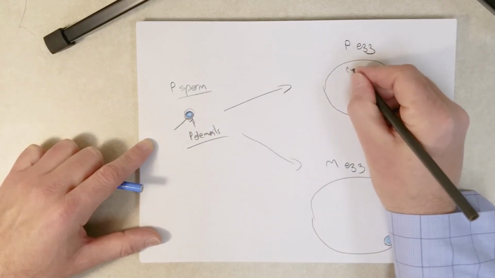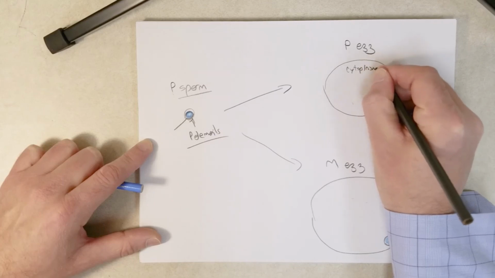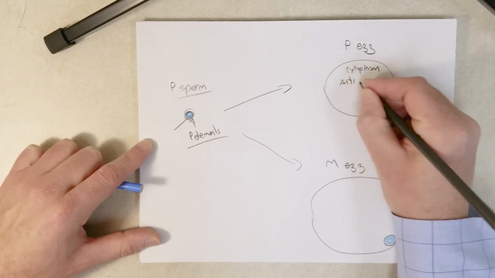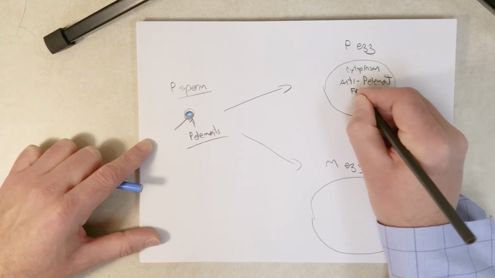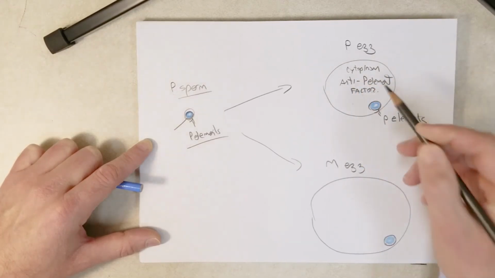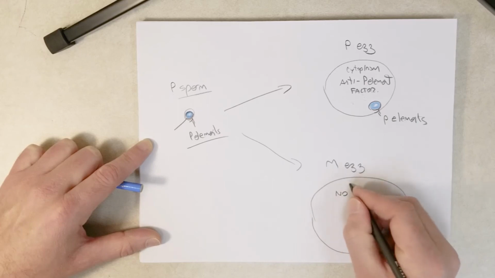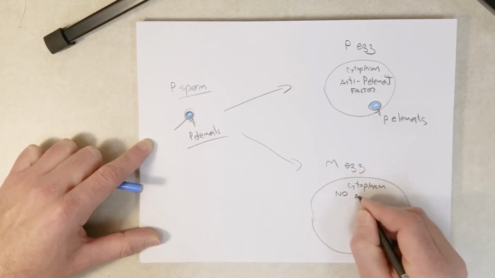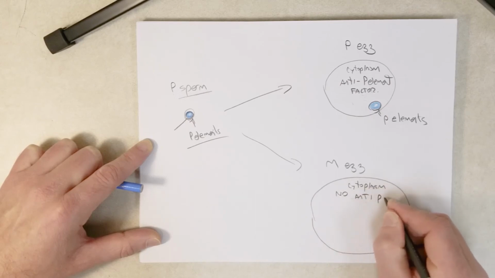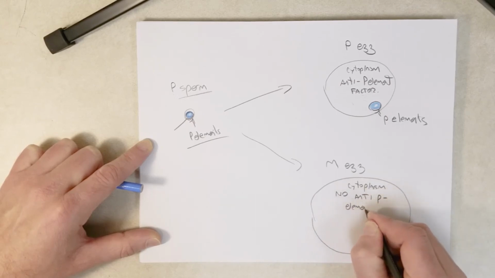And the idea is the P egg cytoplasm has an anti-P element factor. And this one does not. So cytoplasm, no anti-P element factor.